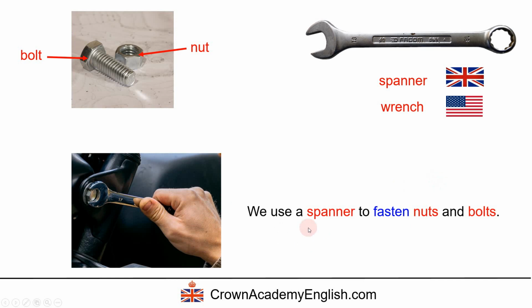And we use a spanner or a wrench to fasten nuts and bolts. To fasten. So fasten is a verb which means to attach or to tighten. Okay, very useful verb. So this is a spanner or a wrench, and nuts and bolts.